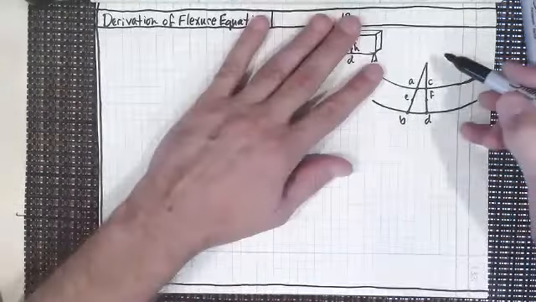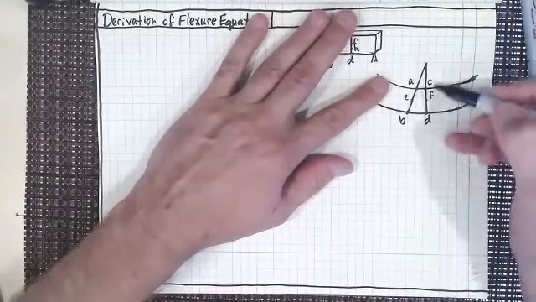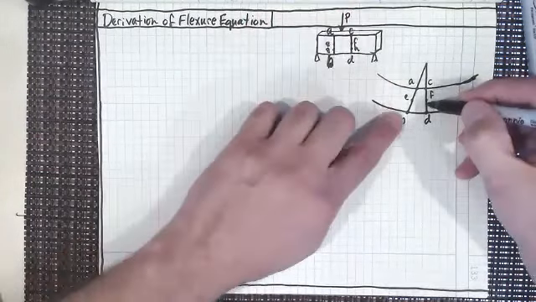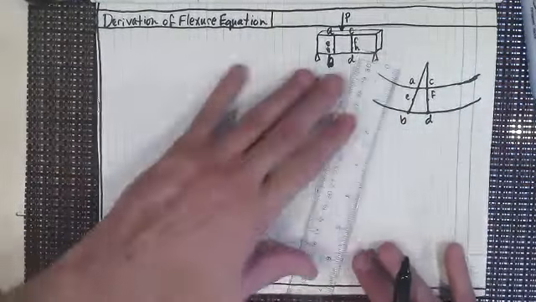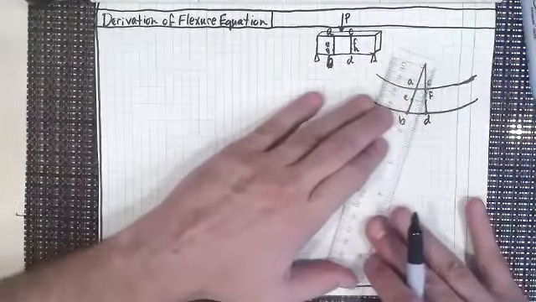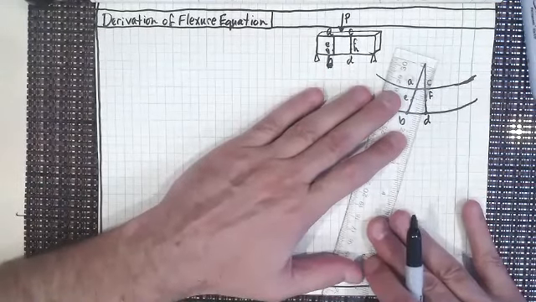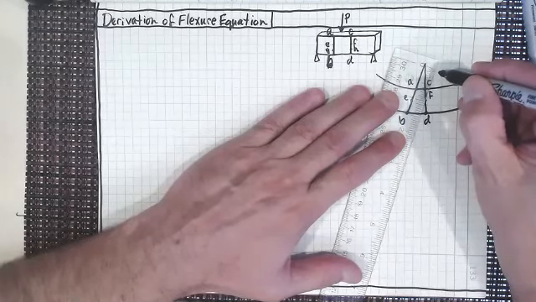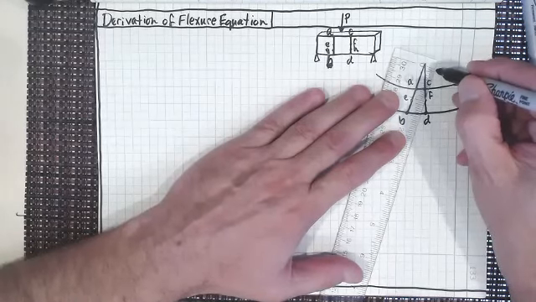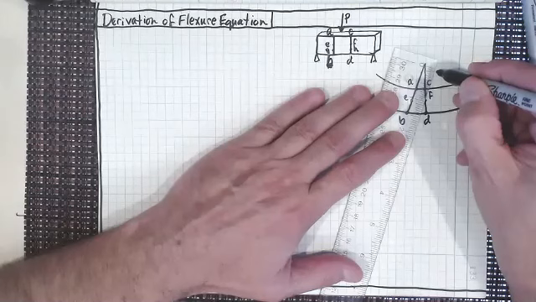So, if I was to take a parallel to this line, in fact, let me get my glass ruler. This is why I have the glass one. This is why engineers use glass rulers, just exactly for this reason, so we can actually see through the ruler.